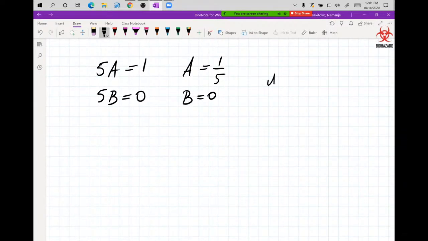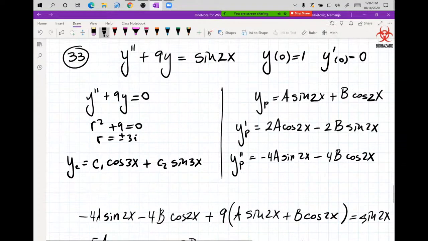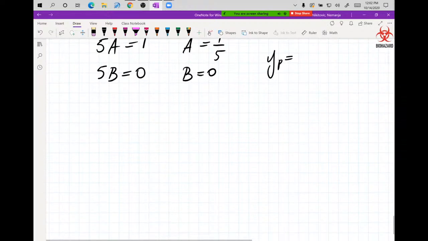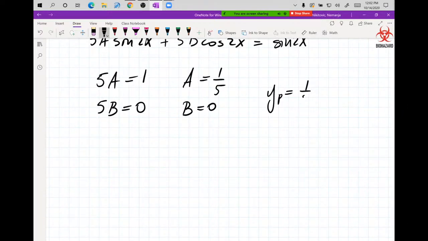So we have that our yp is, a is 1/5, so 1/5 sine 2x, plus 0 for b, which would kill that cosine part.